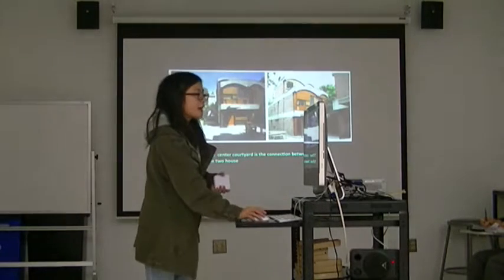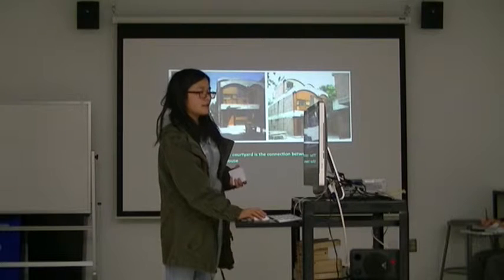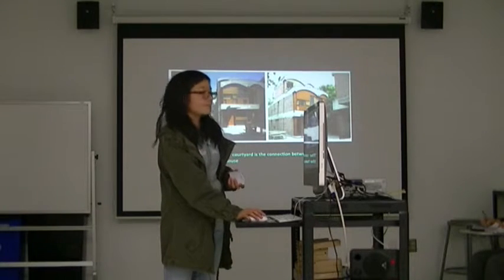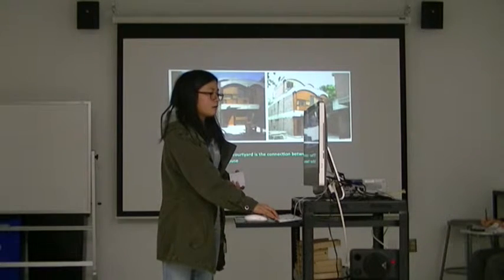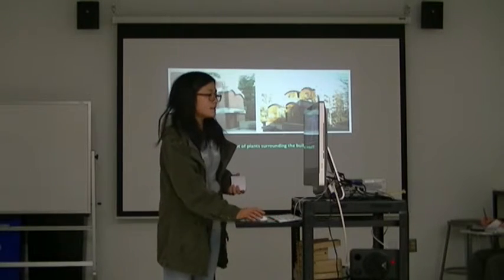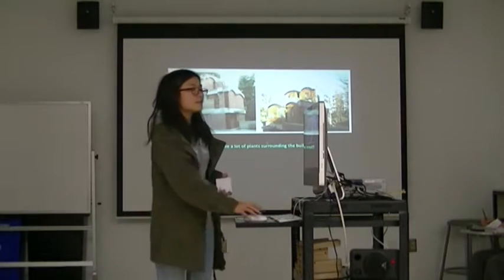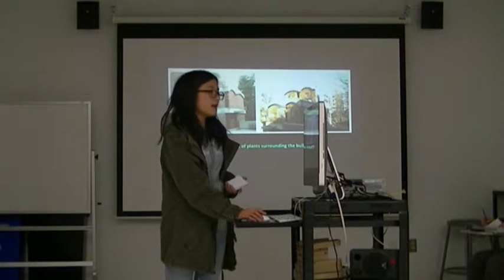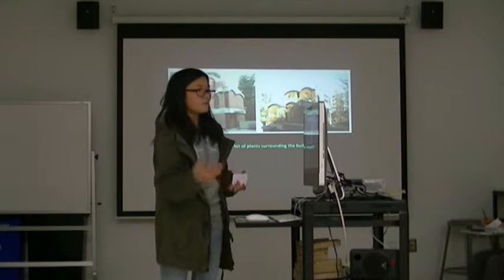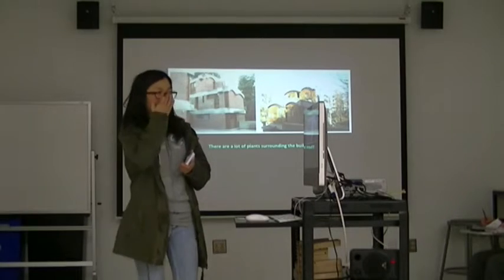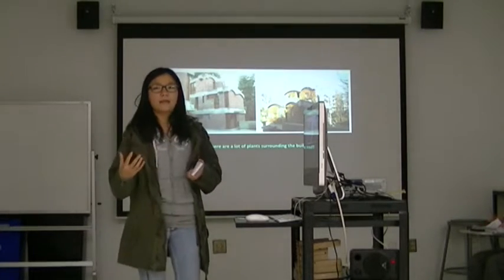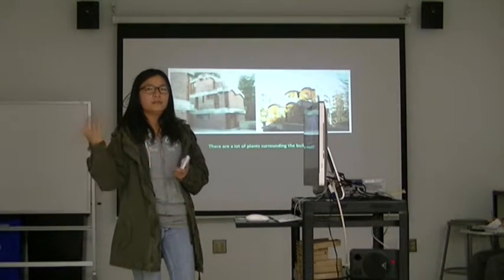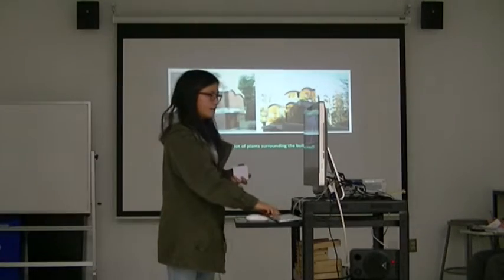So the central courtyard connects house A and house B. And there are a lot of plants surrounding the buildings, and Le Corbusier wants these plants to reduce the sounds from the street.